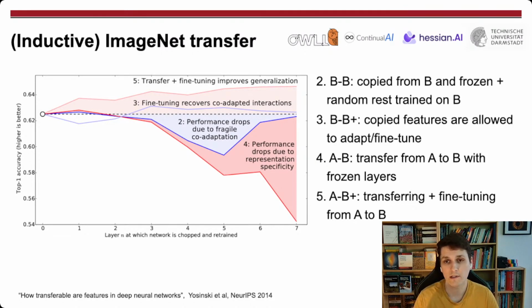Or you do the same in 5, where you transfer the early stage features but let them adapt further during training. And again, maybe not surprisingly, the very hard locking only works to a certain degree. You can transfer the very early features of layers 1, 2, 3 without much of a performance loss or without much of a change.